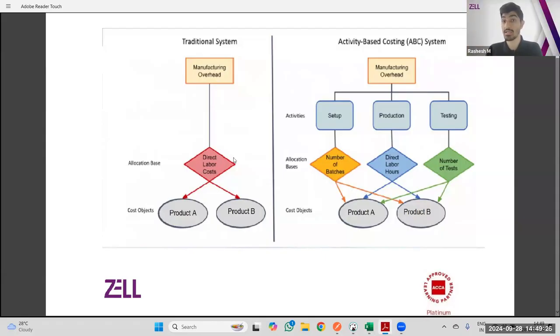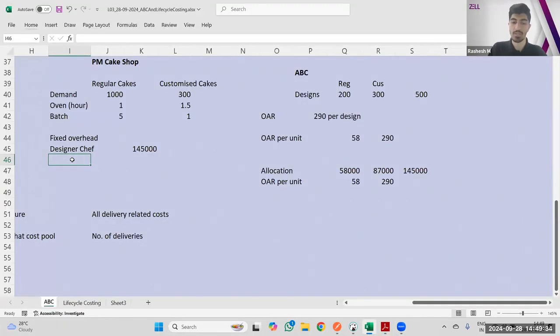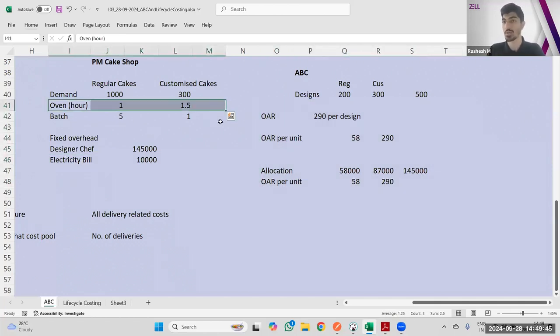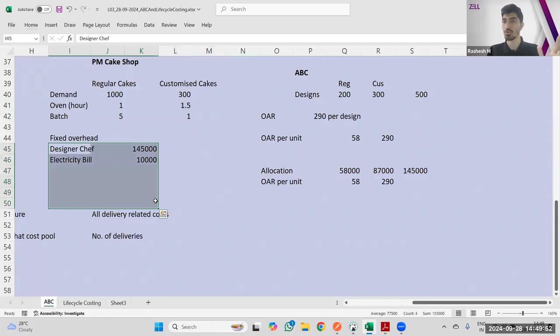It's just that we are not using labor hours when it is not required. So if I add one more overhead, say for example, an electricity bill of 10,000, for this overhead you will do the same activity just with oven time, because your ovens are using the electricity, which is a fair way to put it. So that's the idea. You split your costs first of all into several groups. For each group, you see what is driving that group and you use that as a basis. Make sense? Yes.